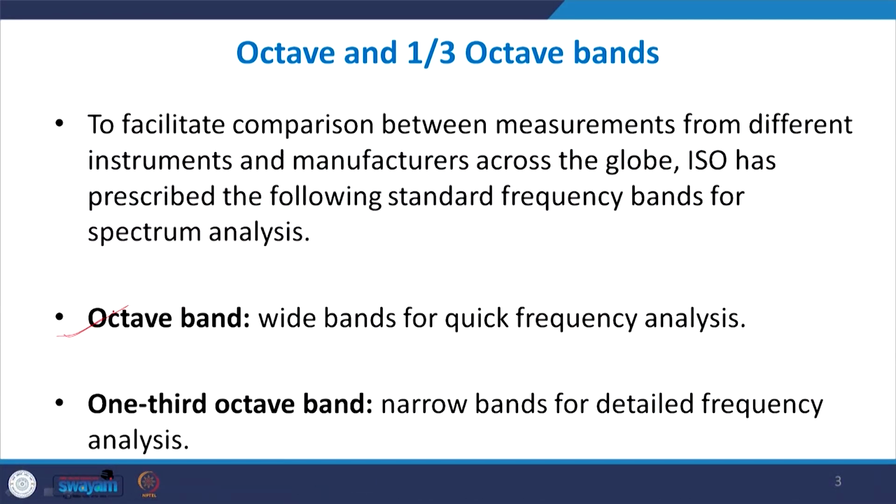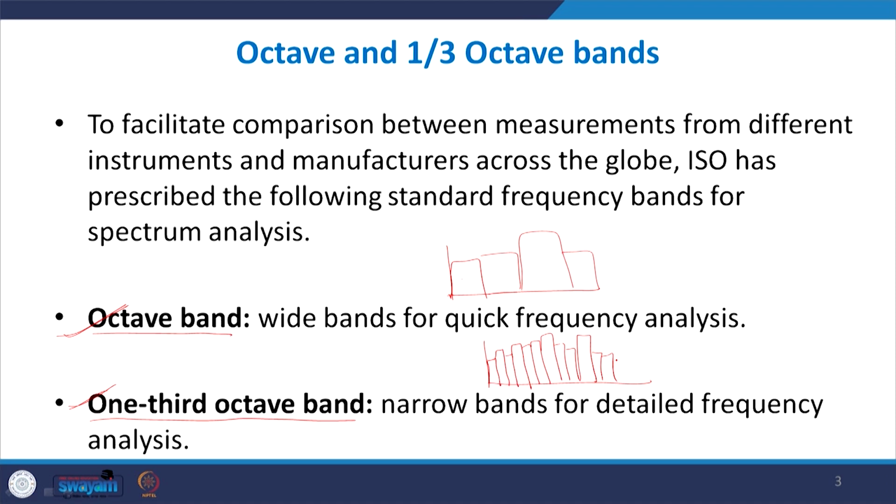The two common bands used are the octave band and the 1/3 octave band. In the octave band the bandwidth is wider, and the 1/3 octave band is finer. If we get, say, 4 bands in a particular frequency range, in the 1/3 octave band every band is again divided into 3 separate bands, so we get finer detail.